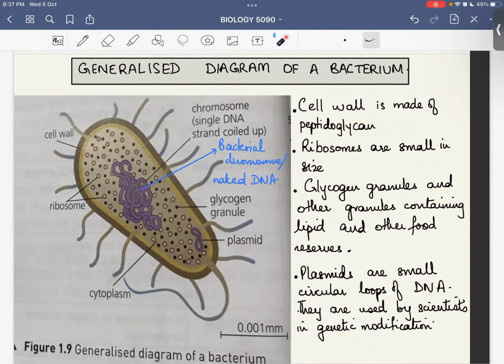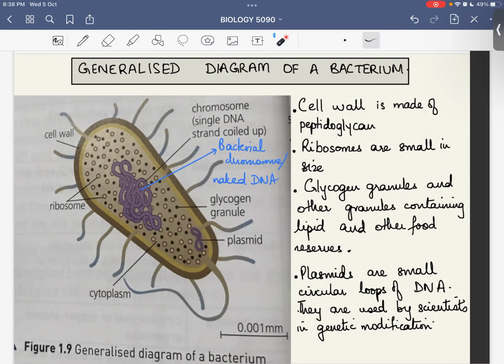So basically, there's this diagram in which they're telling us that the cell wall here, like previously the cell wall in the fungi was made of, I forgot the name of what it was made of. Just 1 second, I wrote it somewhere. Cell wall, peptidoglycan. Oh yes, it was made of peptidoglycan, but over here it's also made of peptidoglycan.